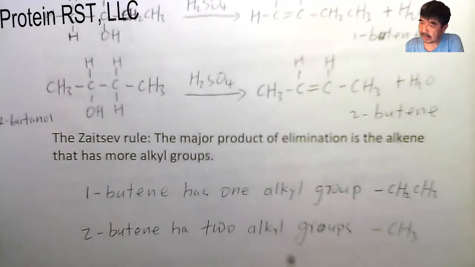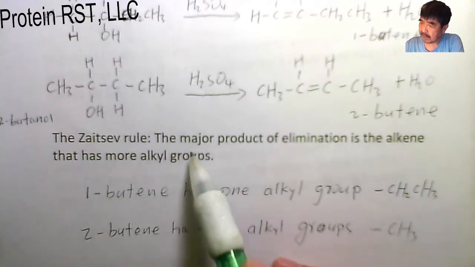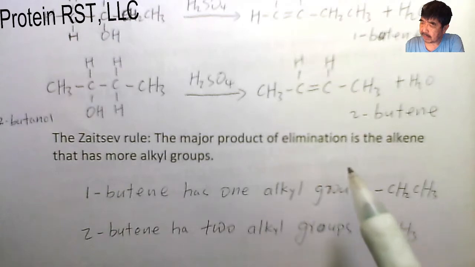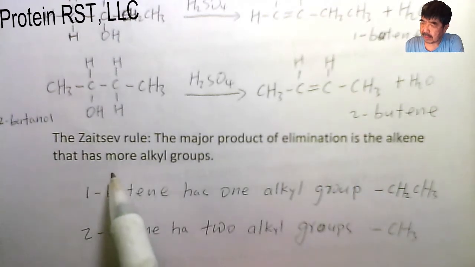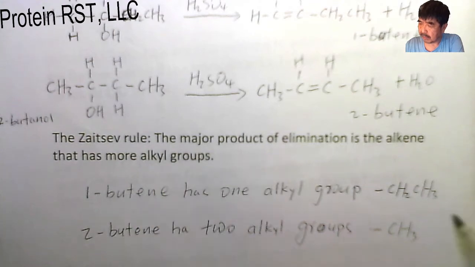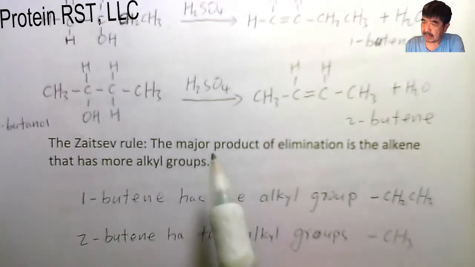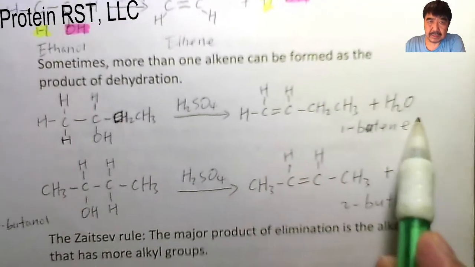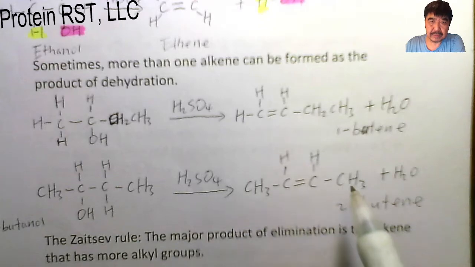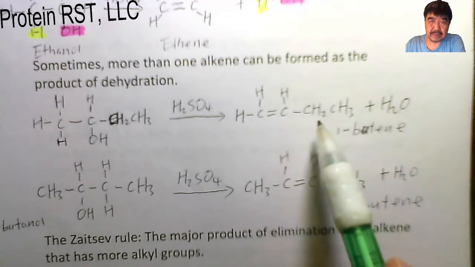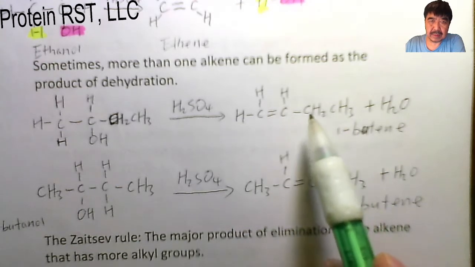Next, let's take a look at Zaitsev's rule. Zaitsev's rule means the major product of elimination is the alkene that has more alkyl groups. In this situation, you can see 2-butene has 2 methyl groups, and 1-butene only has 1 alkyl group, an ethyl group.